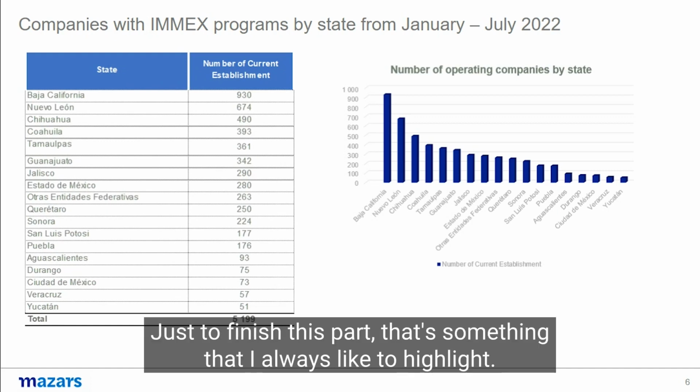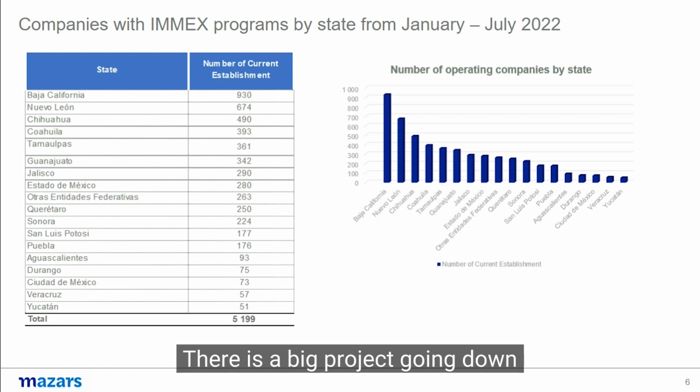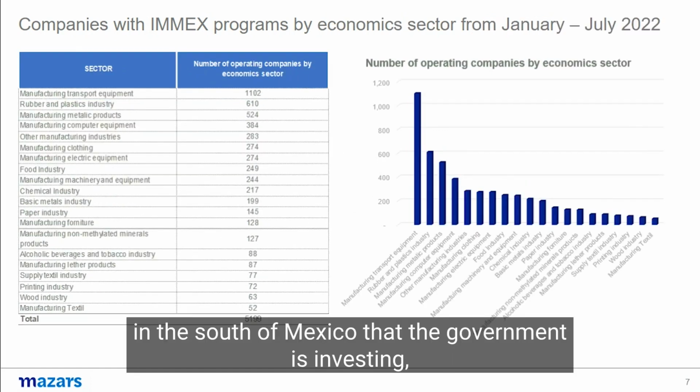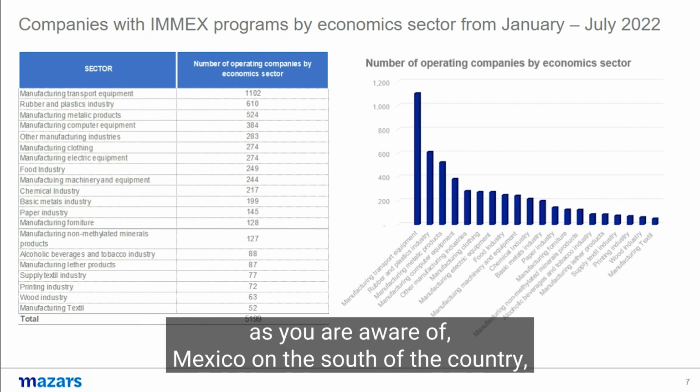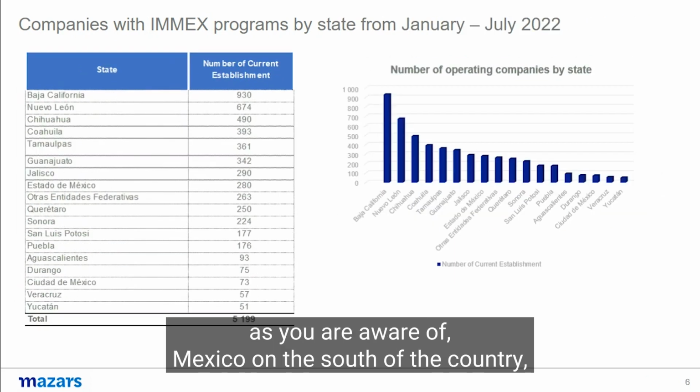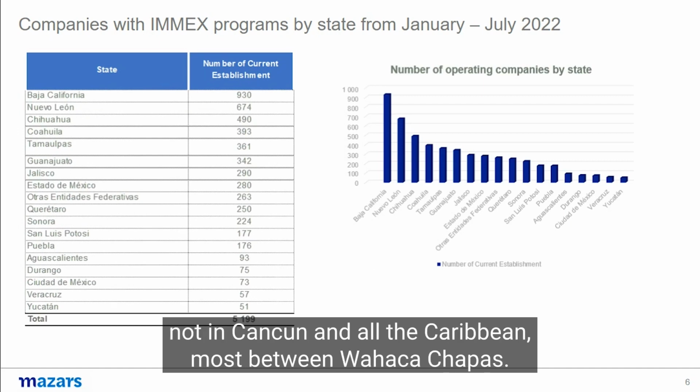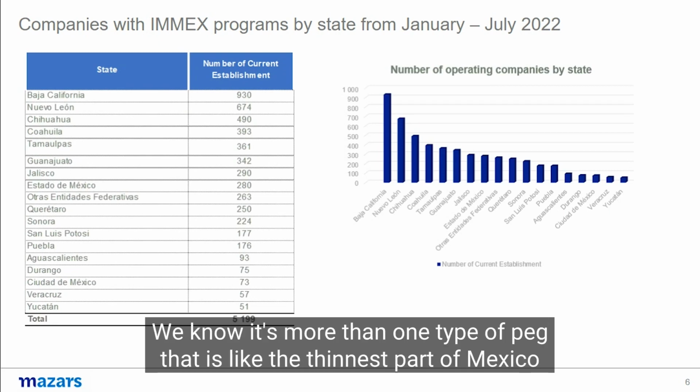And just to finish this part, there is something that I always like to highlight. There is a big project going on in the south of Mexico in which the government is investing. As you are aware, not in Cancun and all the Caribbean, but between Oaxaca and Chiapas, we have the Istmo de Tehuantepec, which is the thinnest part of Mexico.